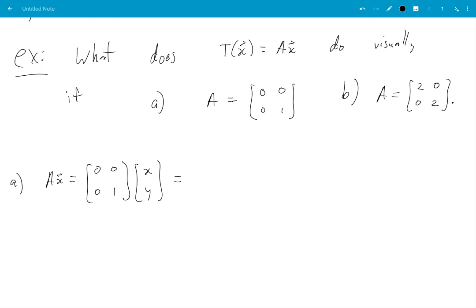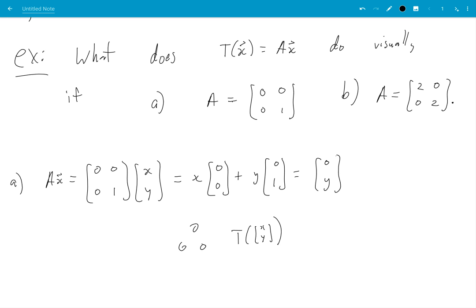You get x times (0, 0) plus y times (0, 1). So you get just (0, y). So T applied to this vector xy, therefore, T of xy just kills the first component.